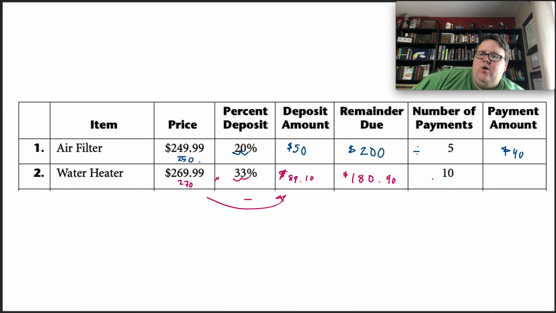And now if you notice, how many payments are there? Well, 10 payments is what they're doing. So you're going to do 180.90 divided by 10, and you get $18.09 per payment. And that goes there.